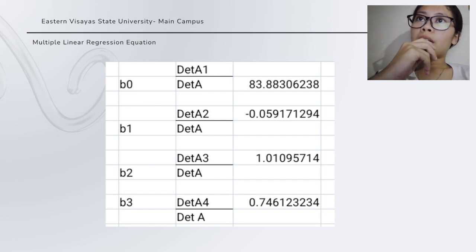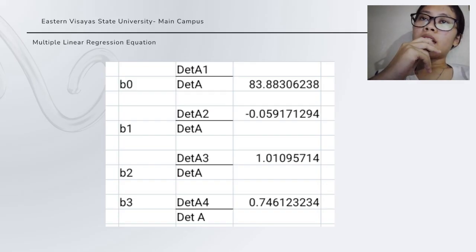So nakuha natin yung beta sub 0 is 83.88306238. Beta sub 1 is negative 0.05917124. Beta sub 2 is 1.010957114. Beta sub 3 is 0.7461234234.